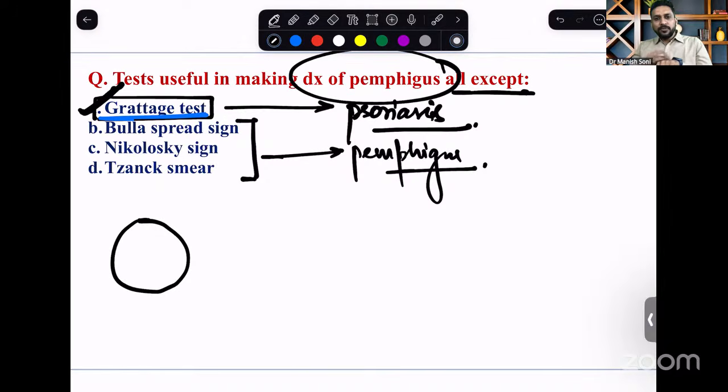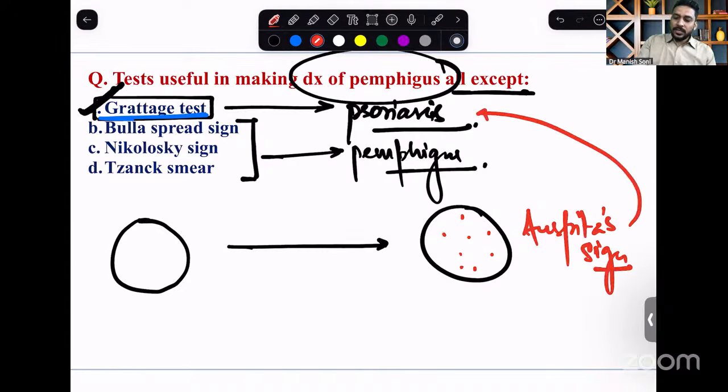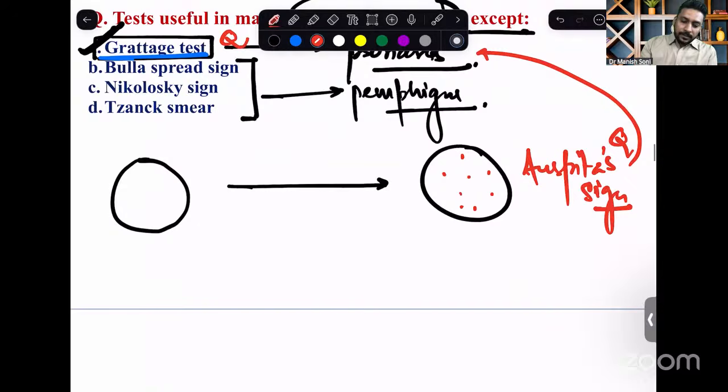Now, if you keep on removing it, the end result is pinpoint bleeding spots, and this is known as Auspitz sign. Both these are seen in psoriasis. The initial peeling of the scales is known as Gratage test, and the end result, that is pinpoint bleeding, is known as Auspitz sign.